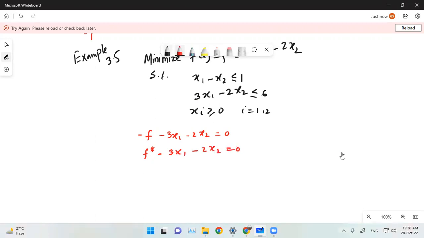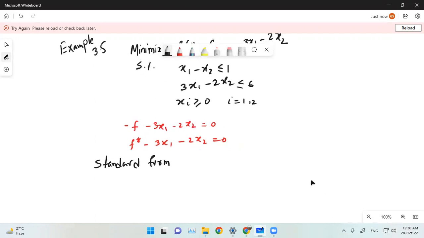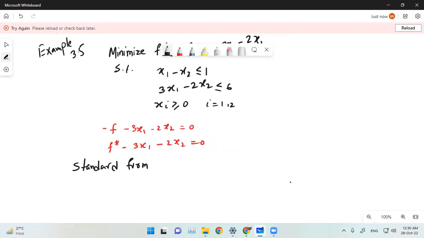So after doing that, next thing is to go for the standard form. What is our standard form? Basically minus f, or as I said, your choice, you can use f star or minus f. So minus f minus 3x1 minus 2x2.